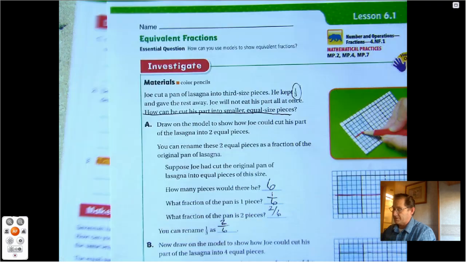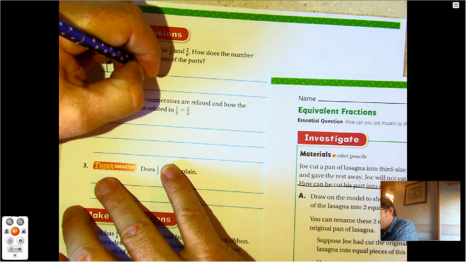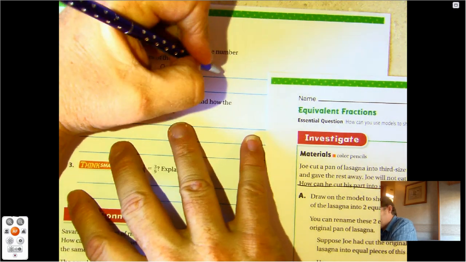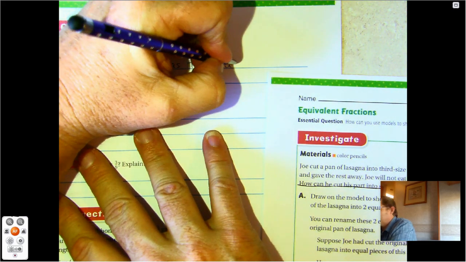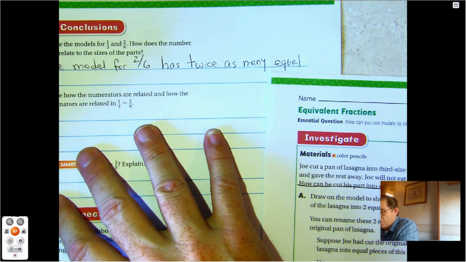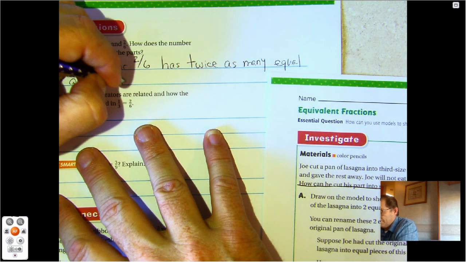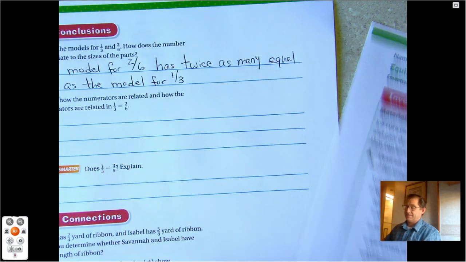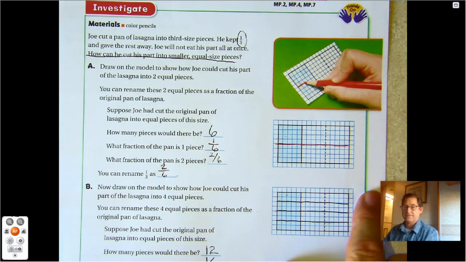So the model for 2/6 has twice as many equal parts as the model for 1/3. Okay, let's make sure we understand this. Originally, it was 1/3 shaded.